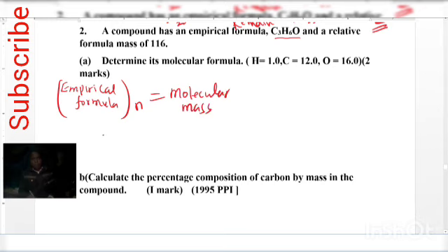So our empirical formula is C3H6O times n, where n is a number, that times n will give us the molecular mass, and the relative formula mass is 116.